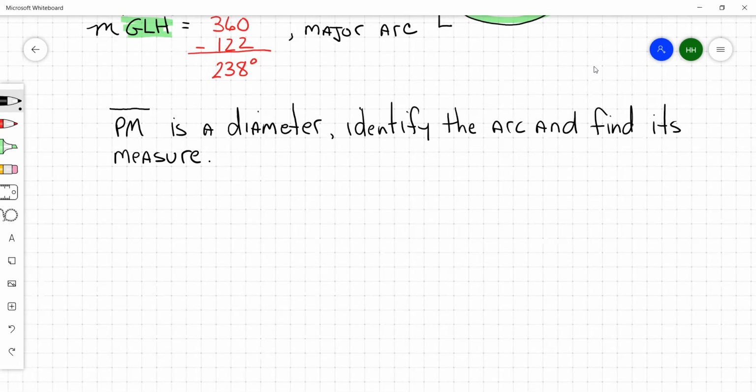All right, so here's the circle. Here's your PM.